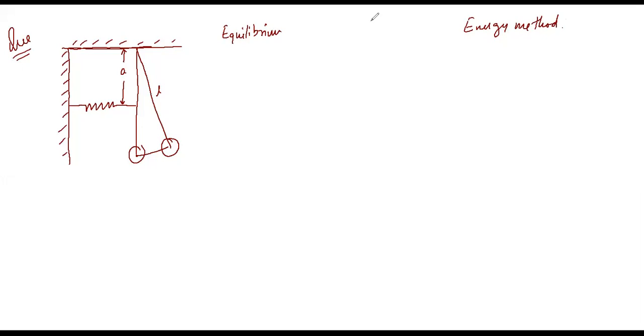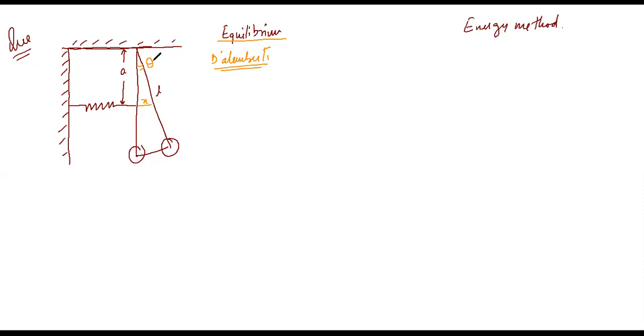Now in the first part, we are going to solve with the equilibrium method. In this equilibrium method, you only need to follow the D'Alembert principle. Suppose this is displacement x, and this is of angle theta, right?